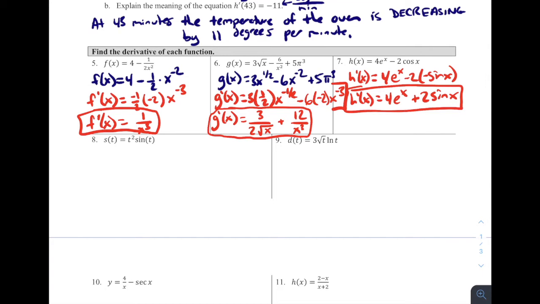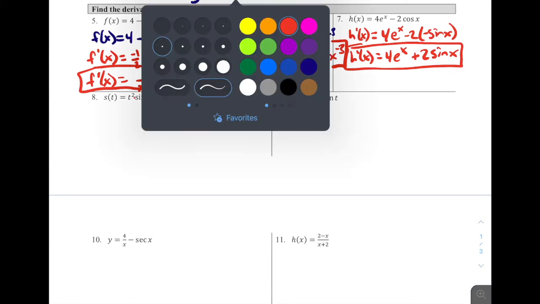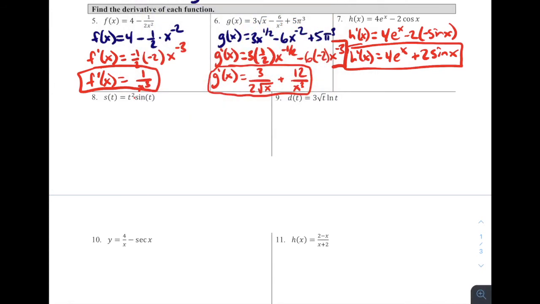For problem number 8, we've got s of t is equal to t squared times sine of t. So we have this implied multiplication going on, which tells me that we're going to need to use our product rule for this. In these problems, I very commonly find that it's useful to identify my f of x and my g of x. f of x here is going to be t squared, so technically not f of x, but f of t, if we want to be consistent with the variables.